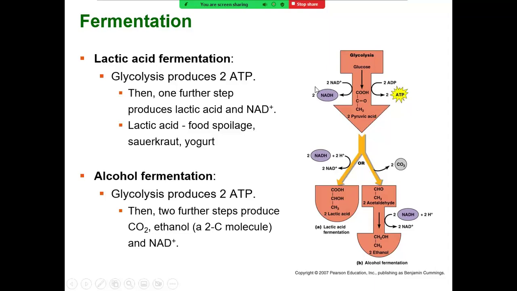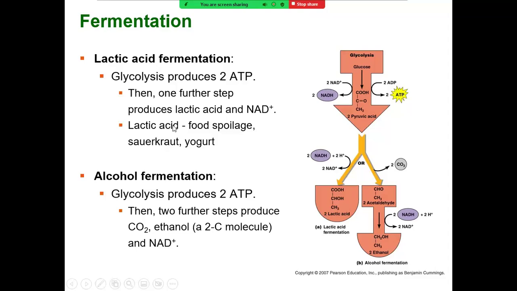It does make NADH, but that NADH is used by the fermentation reaction to make lactic acid. And this is used all the time in making food. Lactic acid prevents food spoilage. It's why sauerkraut is sour from the lactic acid. And then the sauerkraut can stay even unrefrigerated for a while.